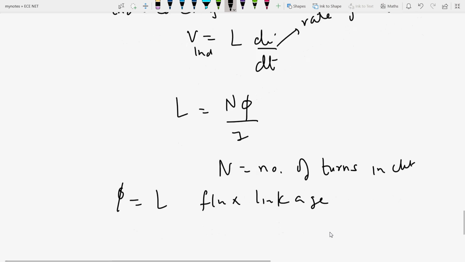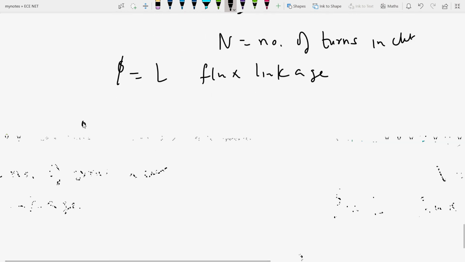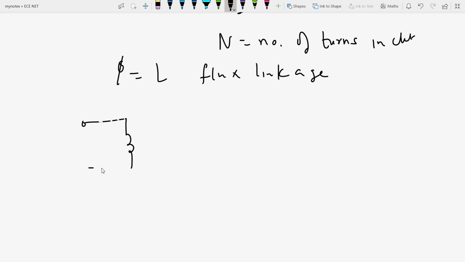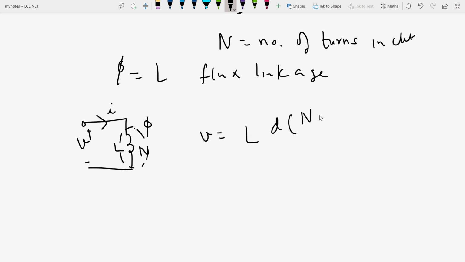Now this is the circuit. Here is the inductor, this is the current flowing through the inductor, this is the voltage, this is the number of turns, and this is the flux. So V is equal to L di by dt, and with L equal to N phi by I, this is equal to N d phi by dt.